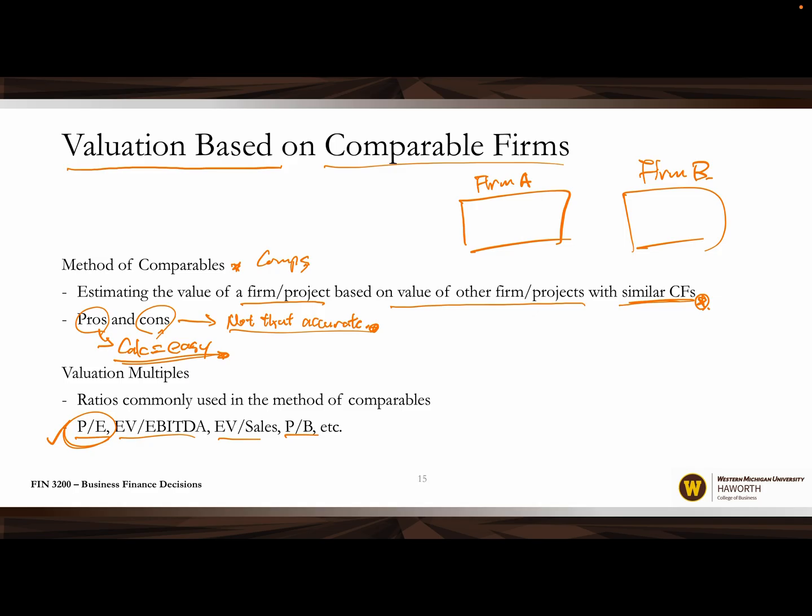Very comparable firms, ideally in the same industry for sure. We cannot compare a firm in the consumer goods industry against a firm in the technology sector, right? So we want to compare similar firms.